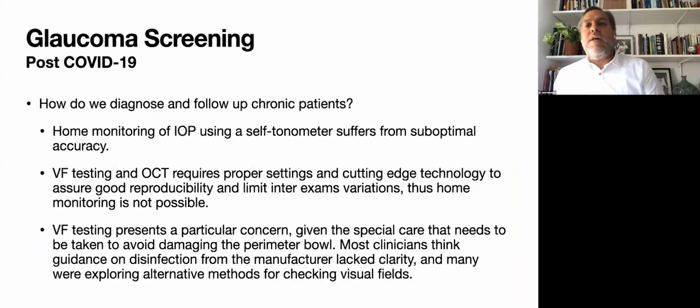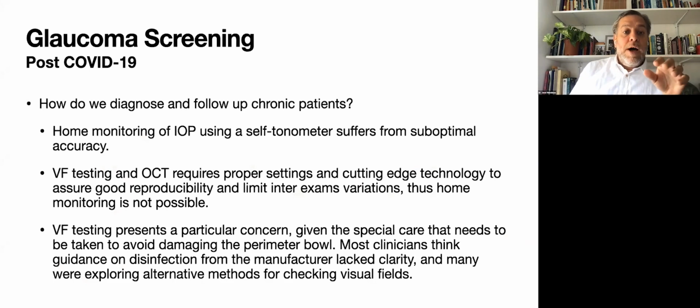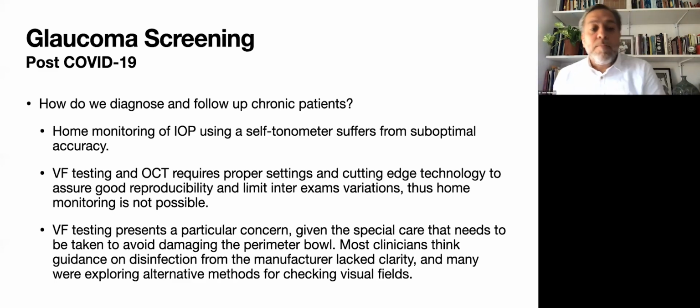How does this affect us as clinicians? How do we diagnose and follow up chronic patients with this? Home monitoring of IOP using self-tonometers is suboptimal, and it doesn't have the accuracy we would like it to have. Visual field testing and OCT require a proper setting and cutting-edge technology to assure good reproducibility and limit inter-exam variations.